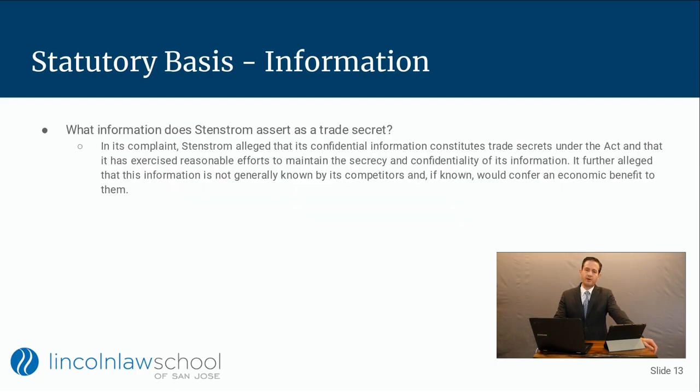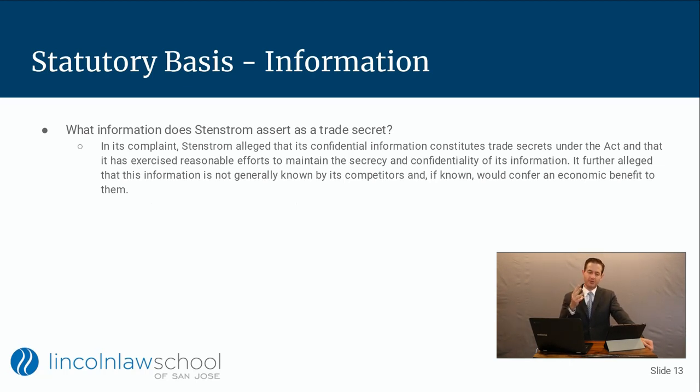Now, Stenstrom here is indicating that he stole information. And so the question is, what information did he steal? Or potentially steal? And in its complaint, Stenstrom alleged that its confidential information constituted trade secrets under the Act, the UTSA, and that it had exercised, quote, reasonable efforts to maintain the secrecy.